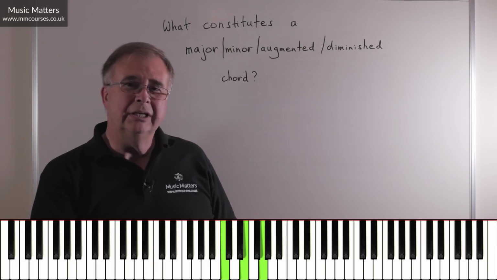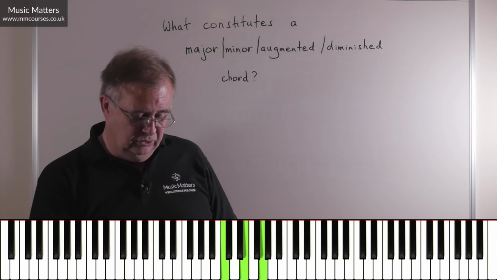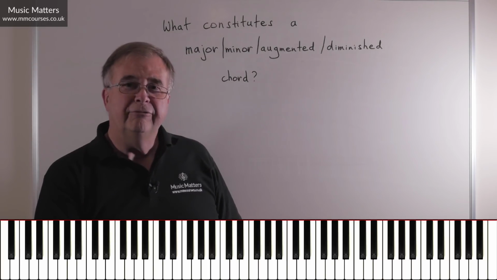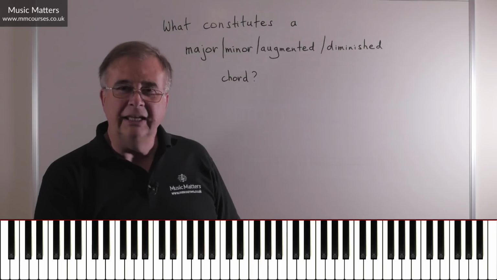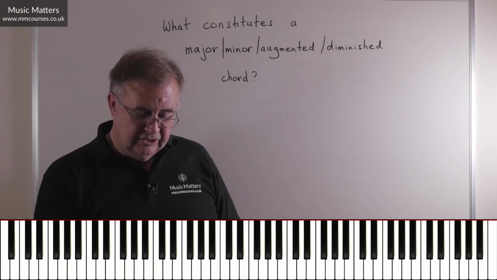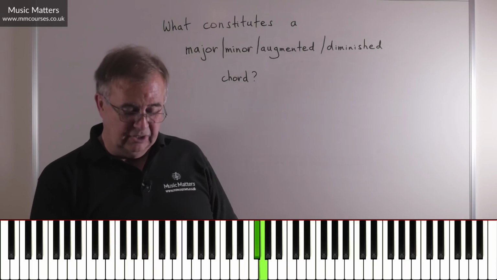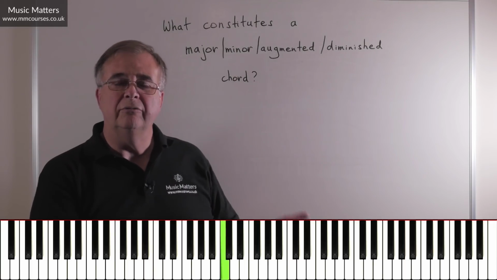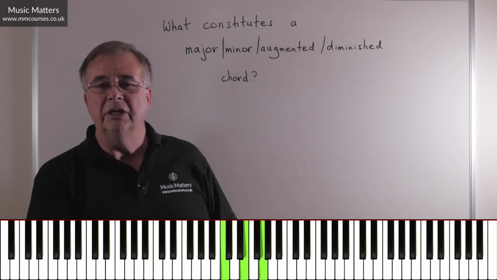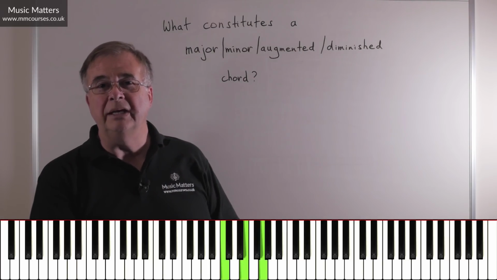If that's not quite so clear, you could think in semitones. From my C, I go 1, 2, 3, 4 semitones up to the E. Having gone there, I go 5, 6, 7 semitones to take me to the G. So 4 plus 7 semitones will give me a major triad, which I can use to make a major chord.